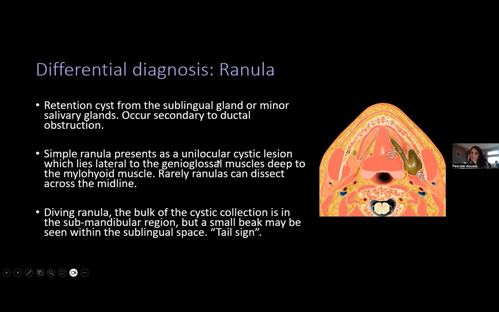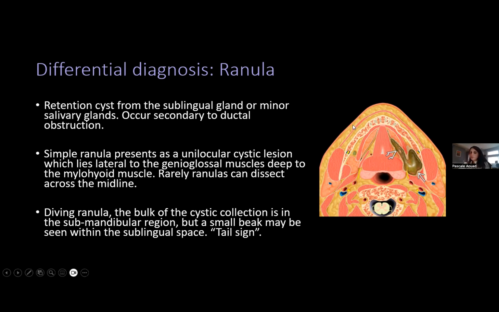Simple ranula will present as a unilocular cystic lesion, which usually lies lateral to the genioglossus muscle. So usually it's just on one side of the floor of mouth. And it will lie deep to the mylohyoid muscle, which means above the mylohyoid muscle. Rarely, they can dissect across the midline and extend to the other side.